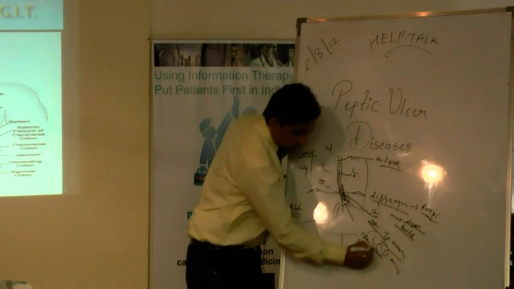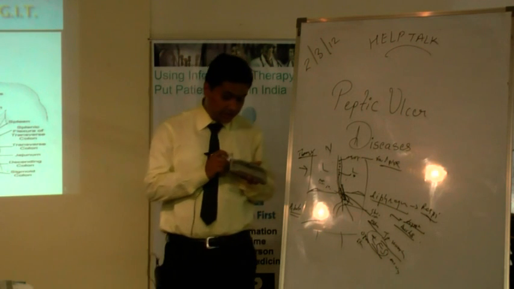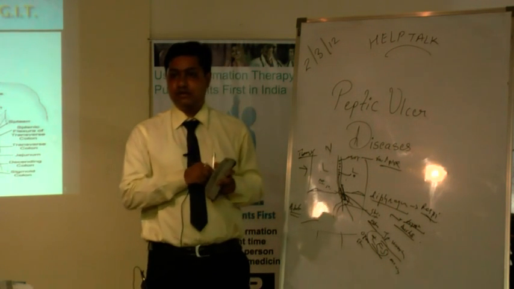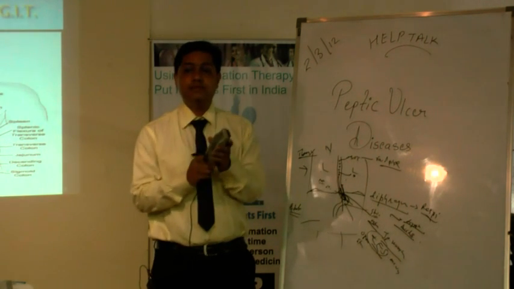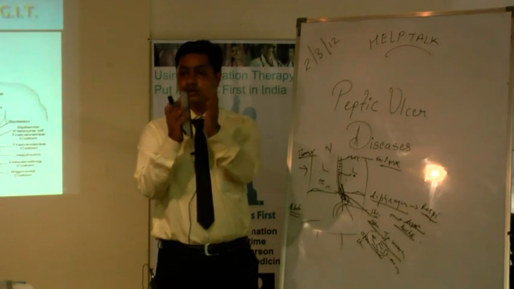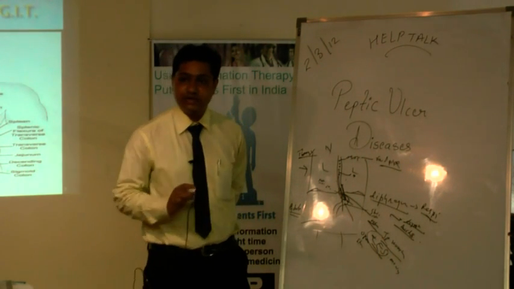But here we have this lower esophageal sphincter acting as a one-way wall. You can consider it like when you go into a mall, like Big Bazaar, there is one entrance and one exit. The guard will not allow you to go back through the entrance. You will be allowed only to come inside, right?